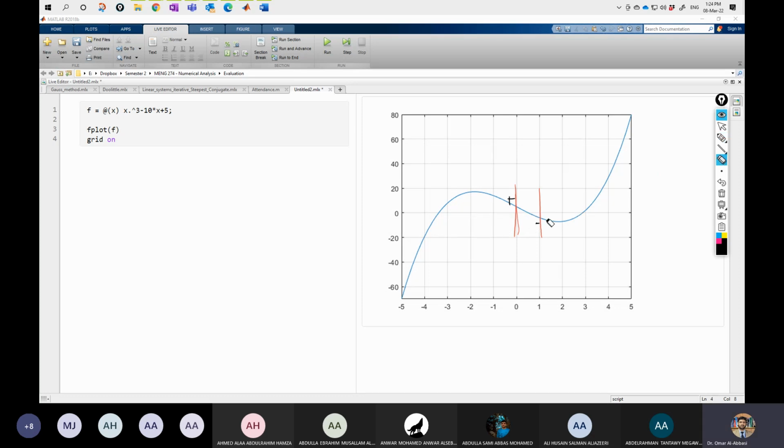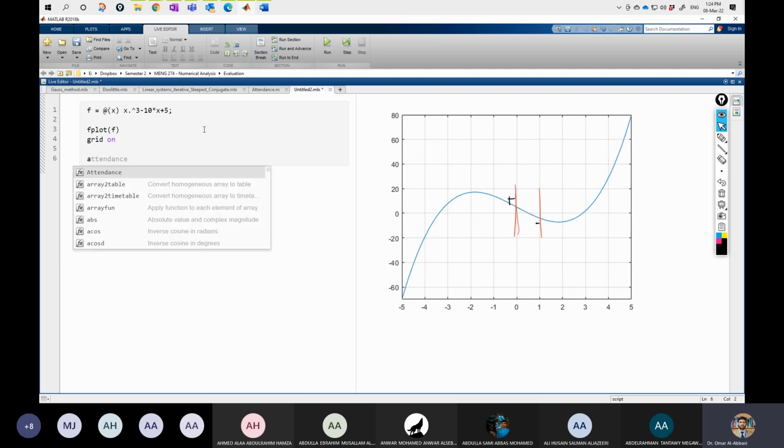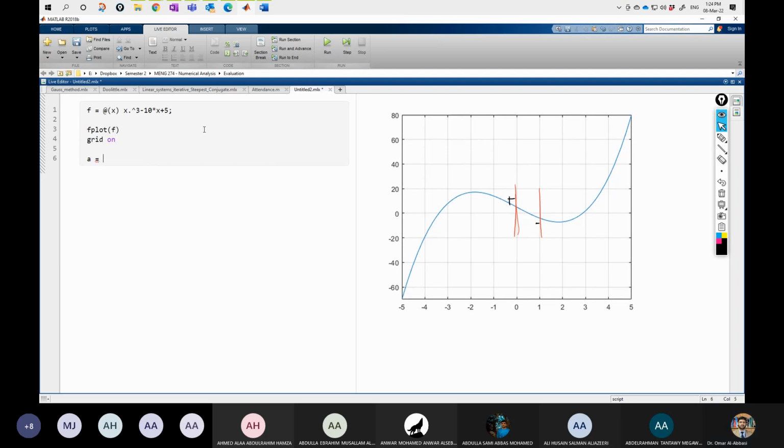So let's take those as limits for A and B. Let's define them as limits for A and B. So A is 0 and B is 1. So what shall we do?